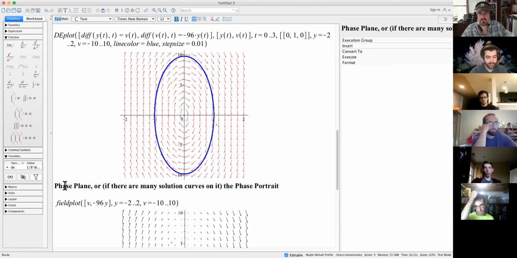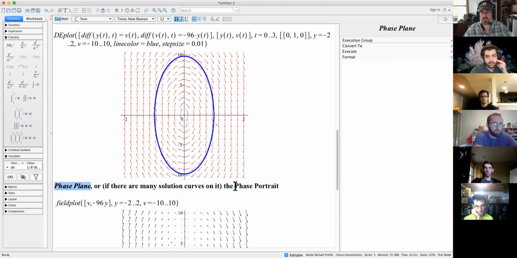The phase plane is defined as just the direction field for your two dependent variables, right? And the phase portrait is the phase plane, but if you have a whole bunch of initial conditions, a whole bunch of separate curves. And the purpose of a portrait is to show what solutions do on the plane, right?